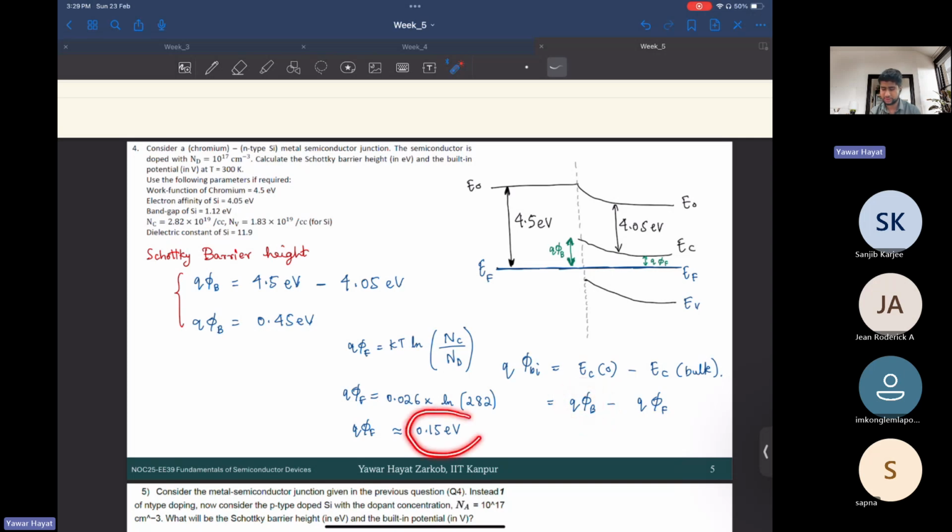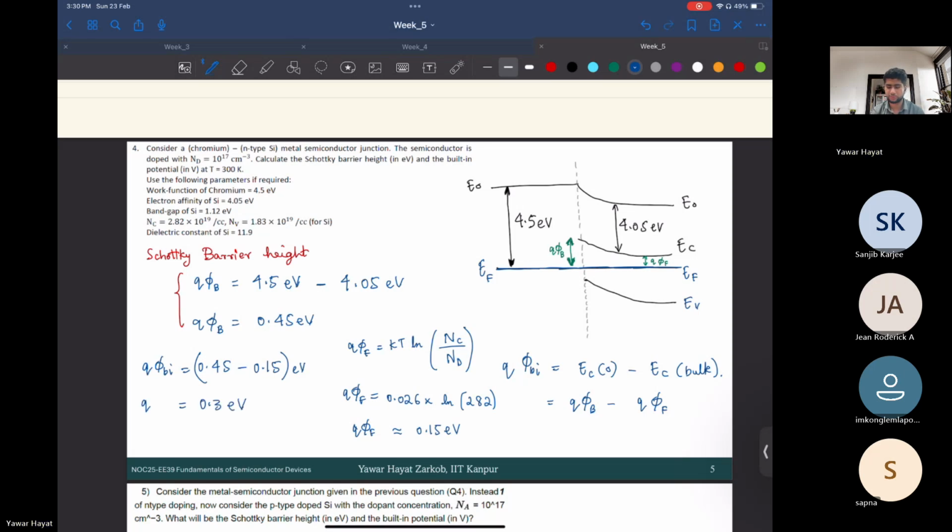If we subtract this from the Schottky barrier height, we will obtain the built-in potential. Your qΦBI is equal to qΦB, which is 0.45 electron volt, subtract qΦF from that, which is 0.15, which is 0.3 electron volt. And your ΦBI would be 0.3 volt.